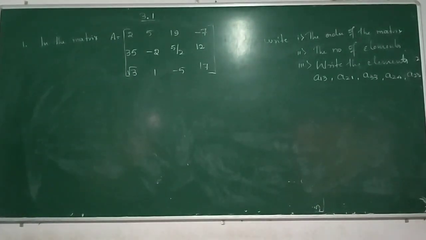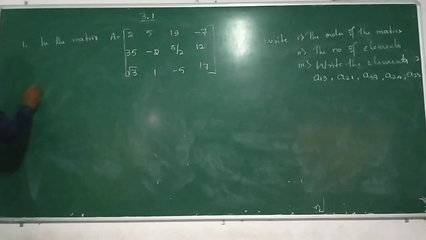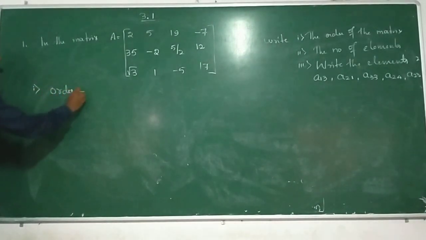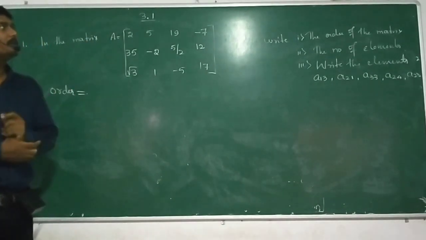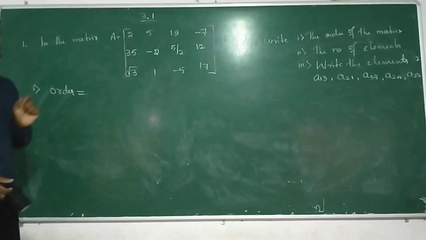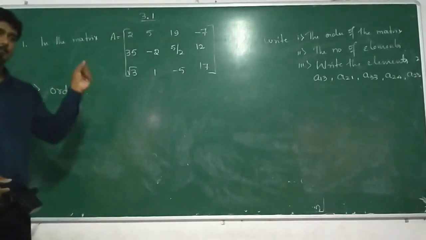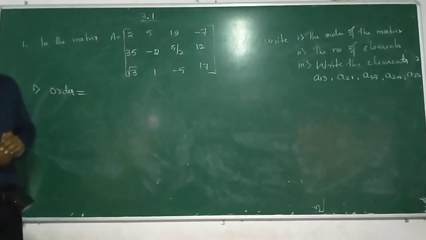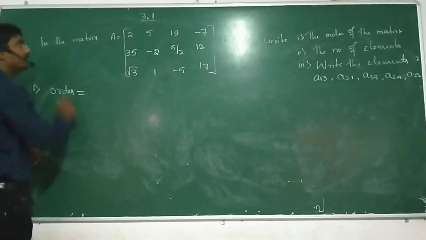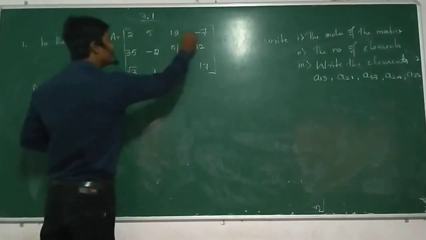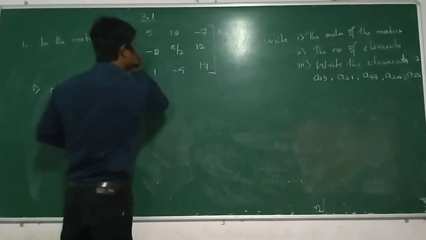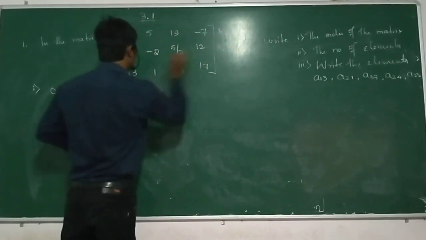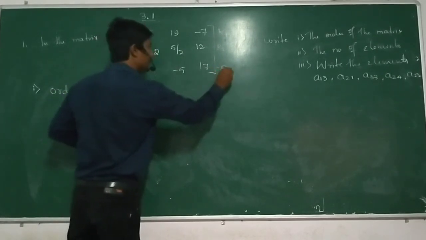Now, we will answer the first bit. In the first bit, we are asked to write down the order of the matrix. What do we mean by order? Order represents the number of rows by number of columns. So in this matrix A, how many rows are there? This is row 1, this is row 2, this is row 3.